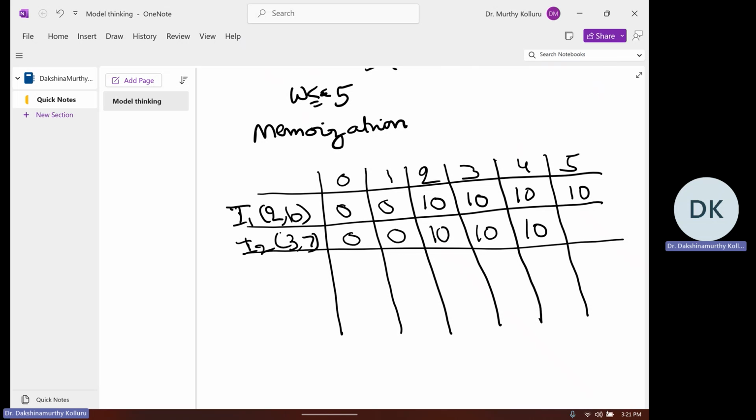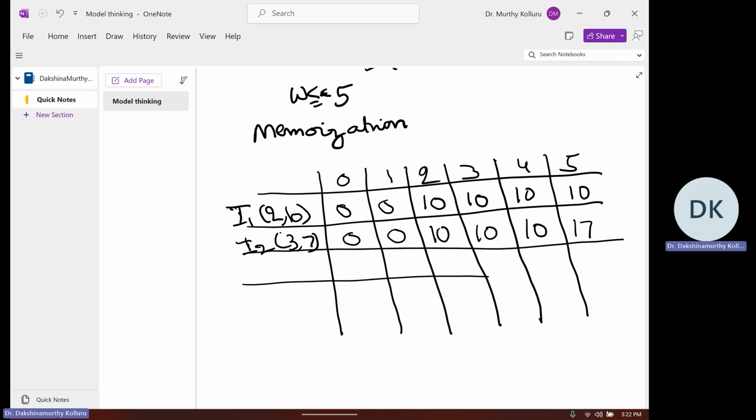Now, if 5 kgs are allowed, I include 3 and get a value of 7. Now 2 more kgs are left. The best I can do with 2 is this 10. So this 7 and this 10, 17. So that is the best case scenario.